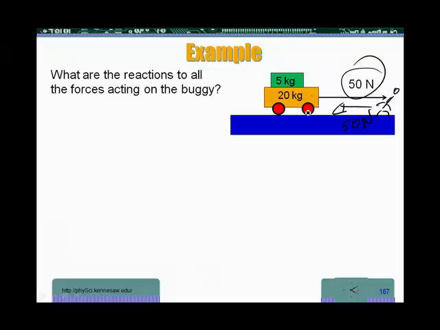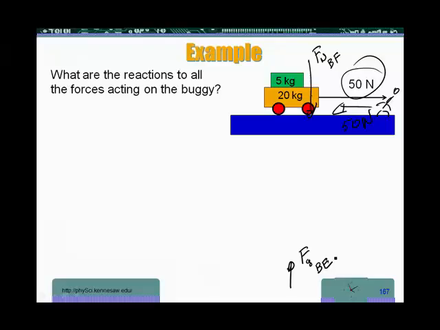The reaction to that, the buggy is pushing down on the floor with a normal force, FN, buggy on the floor. Gravitational force, the earth pulling down on the buggy, the reaction, the buggy pulling up on the earth. So Fg gravitational, buggy on earth. So we have now 3, we have the 2 left.